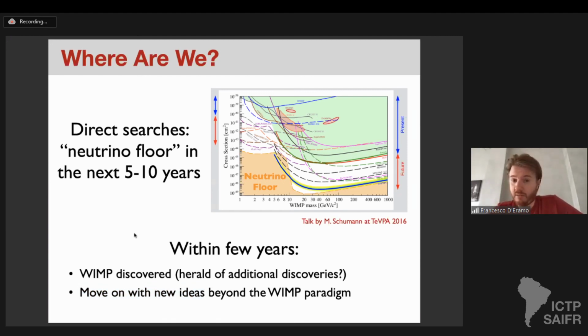So I would like to emphasize that I talked to you about two candidates, but there are many more. I mentioned also that as people are going down in this plot, there is also a very interesting effort going toward the left of this plot, trying to build new experiments to probe lighter masses, okay?